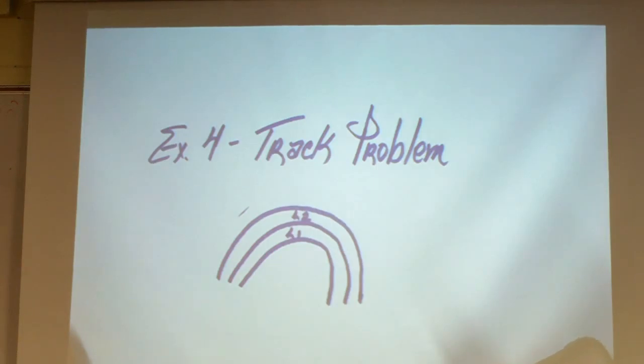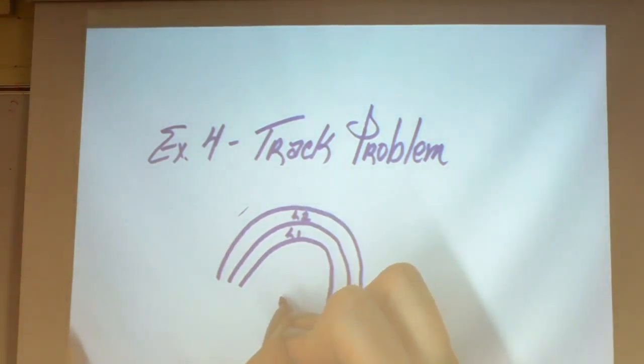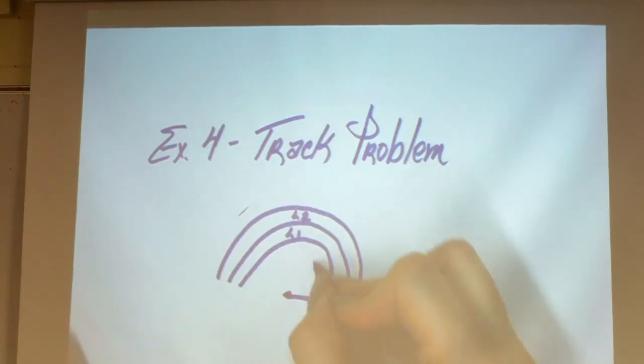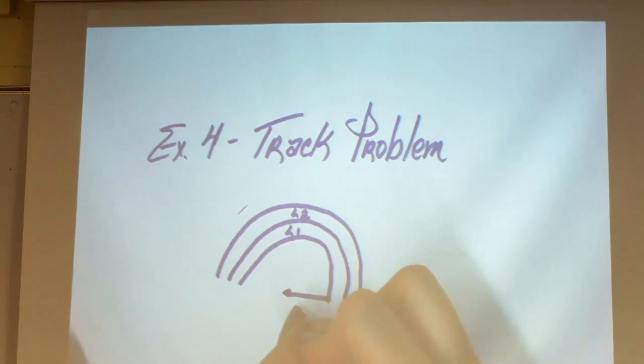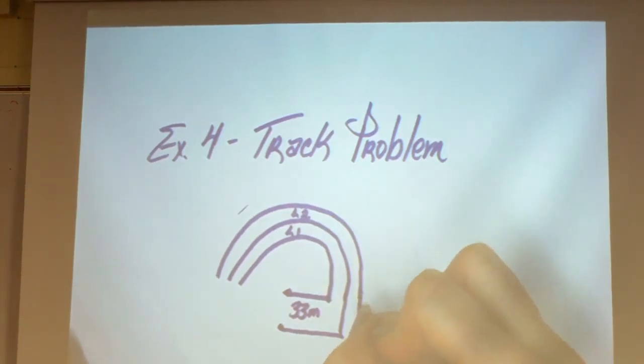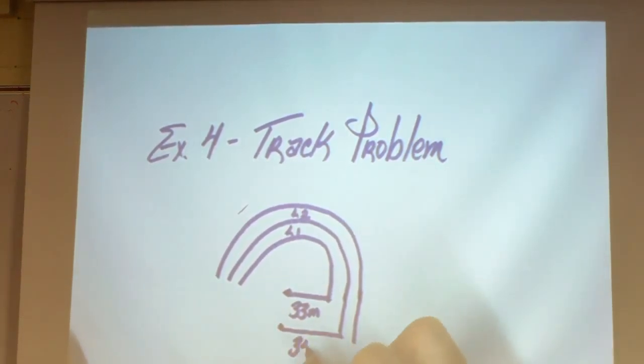And it gives you the radii. The inside radius is from the center of the track to the inside lane. So the inside portion of lane 1 is 33 meters. For lane 2, it goes from the center of the track to the inside of lane 2, and that is 34 meters.